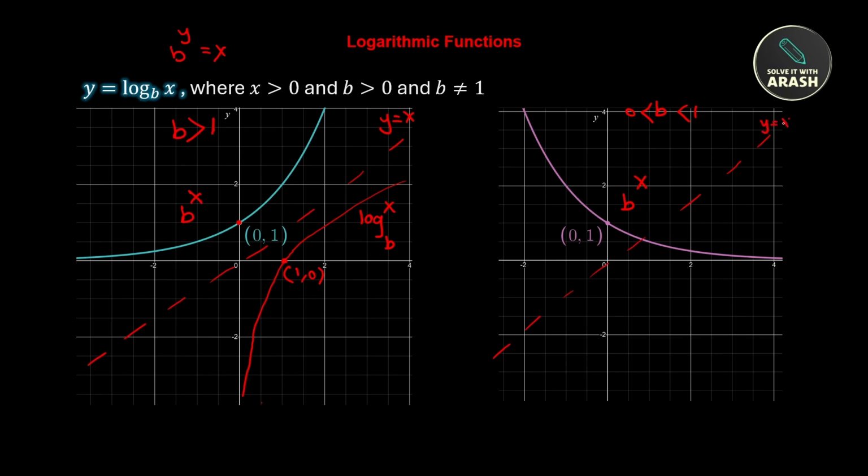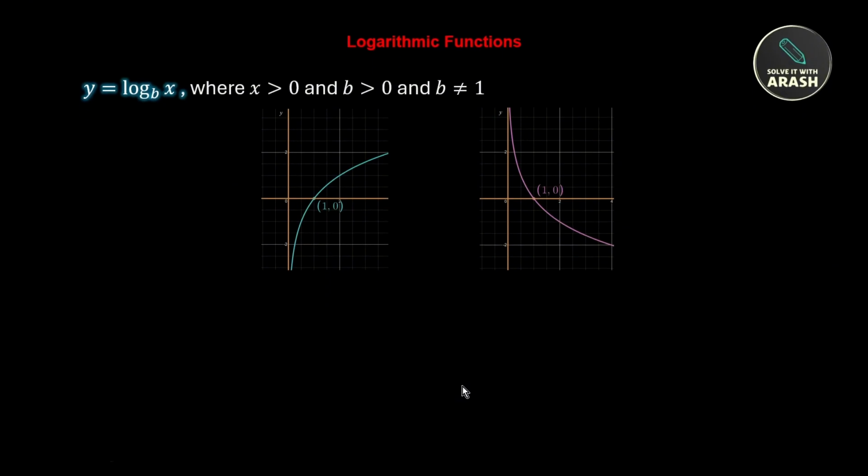This is y equals x, the reflection of this line is going to look like this, where ideally this should go through 1 and 0. So the x-intercept is 1 and 0. And this red line is the graph of log b of x, where b is between 0 and 1.